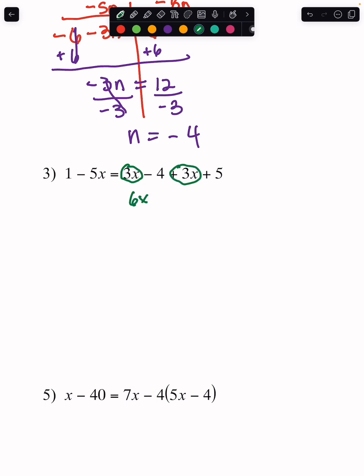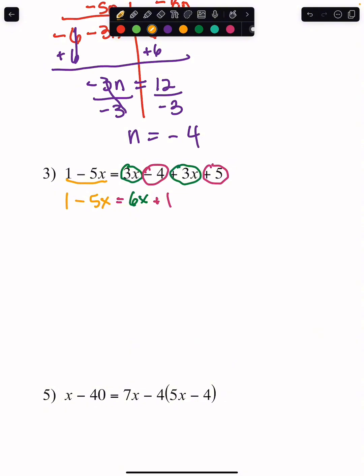And I can combine this negative 4 with this positive 5, and that gives me a positive 1, because negative 4 plus 5 is 1. I'm going to do that in a different color in case you're not sure where I got the numbers from. And I'm going to say 1 minus 5x, which just came from right there.